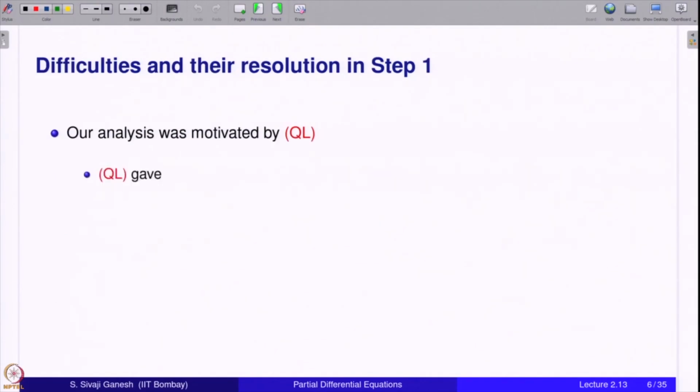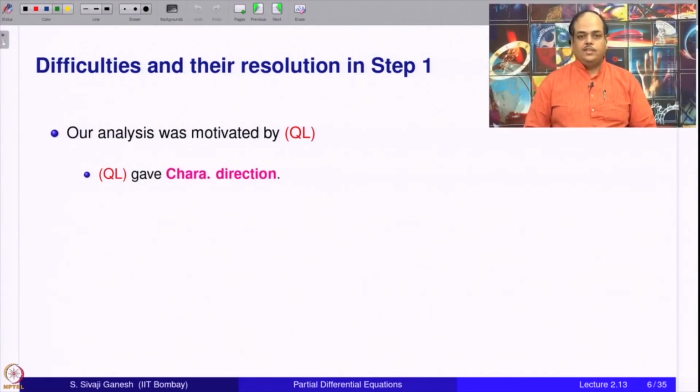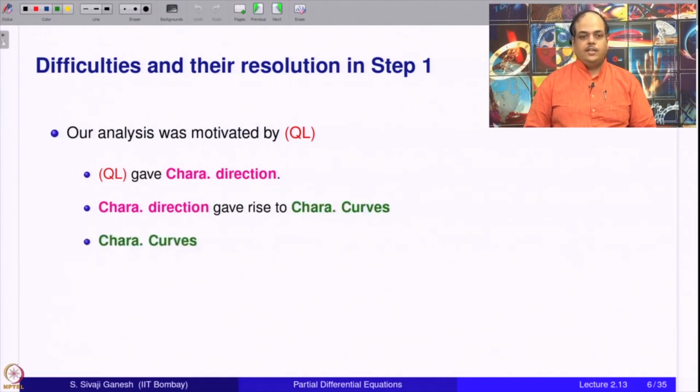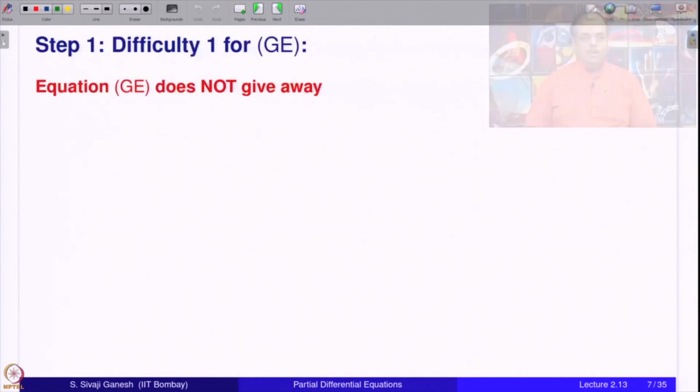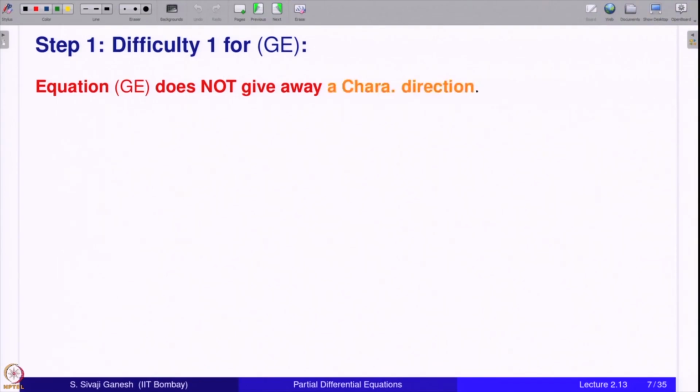So, our analysis was motivated by quasi-linear equations QL. QL gave us a characteristic direction, which gave rise to characteristic curves, which made up an integral surface. Now, equation GE does not give away a characteristic direction.